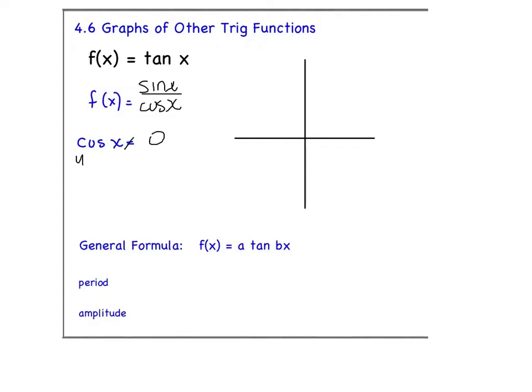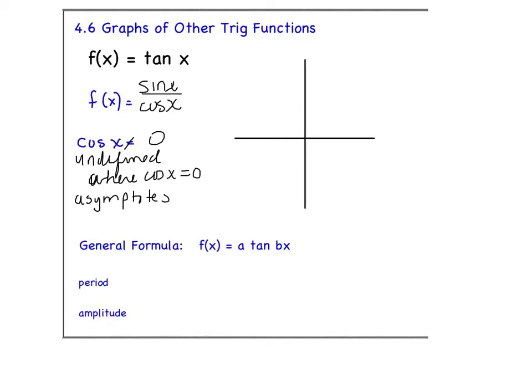So in other words, it will be undefined where cosine of x is equal to 0. It will be undefined there. Okay? So if I look at where it's undefined, that's going to be where my asymptotes are located.